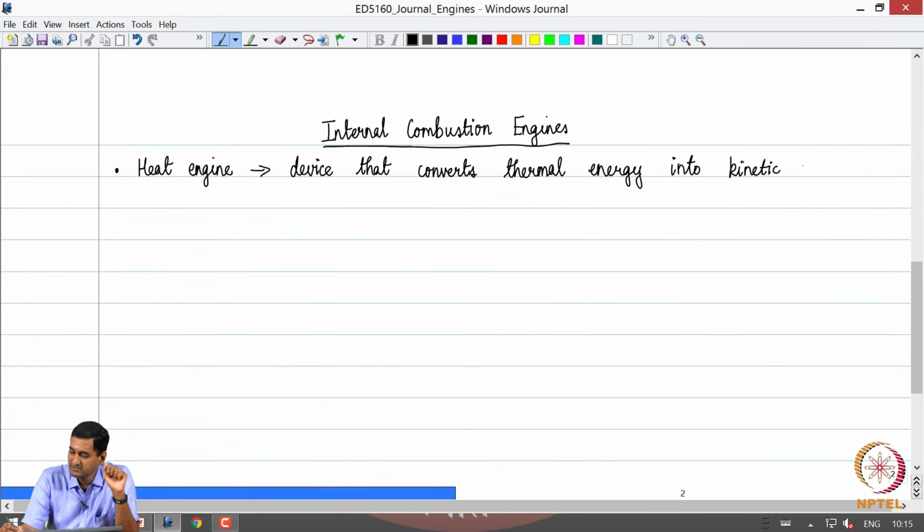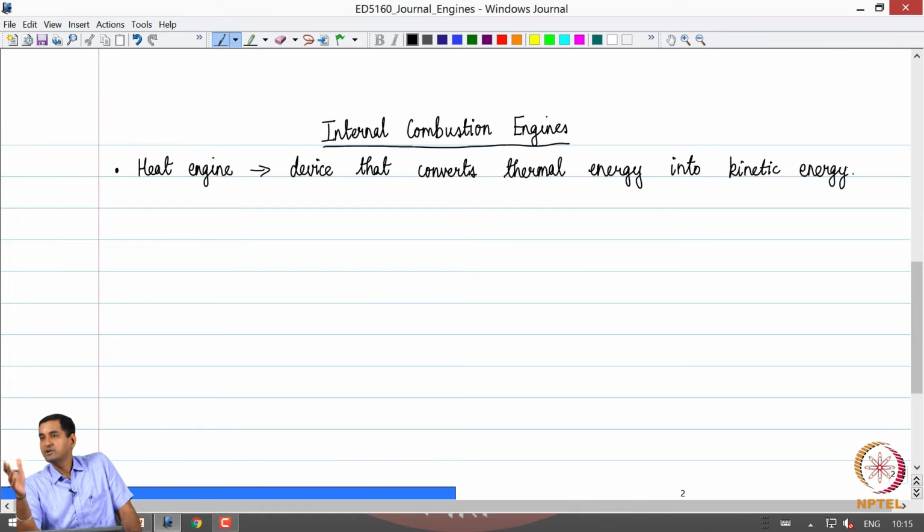So, that is how people will typically define a heat engine. So, within the scope of our discussion we are looking at a device that converts thermal energy obtained from various sources into kinetic energy. It is an energy conversion device, right.